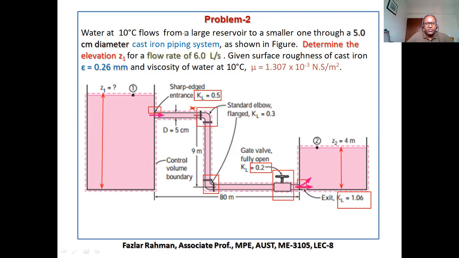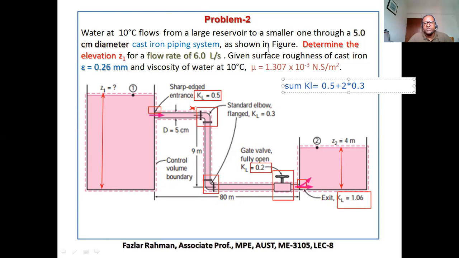So if you would like to figure out the summation of KL, how much will the sum of KL be? You see right over here 0.5, plus 0.03 and this 0.03. That means 2 times 0.03, right?